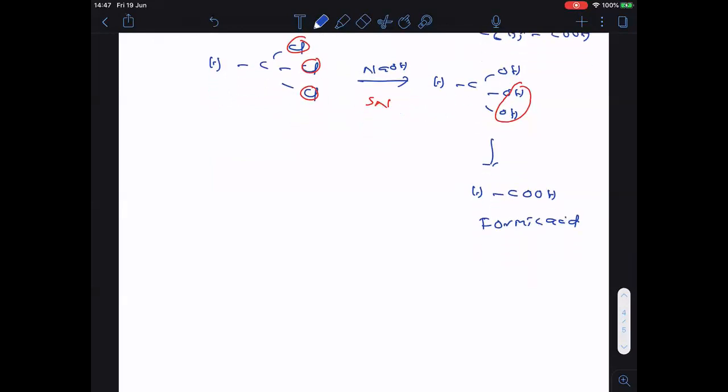Clear? Now, one more example. CH3CCl3. So you do this question with NaOH.